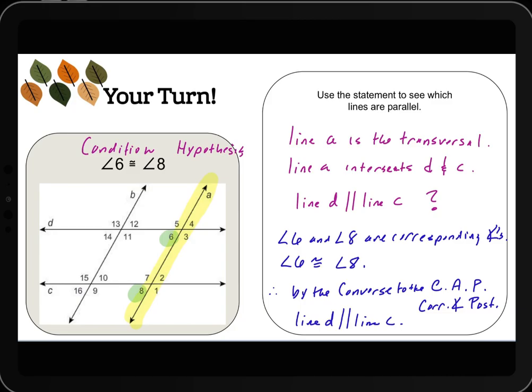That's the given condition, and that verifies it. There's a verifiable relationship between 6 and 8, and so that is the goal here.